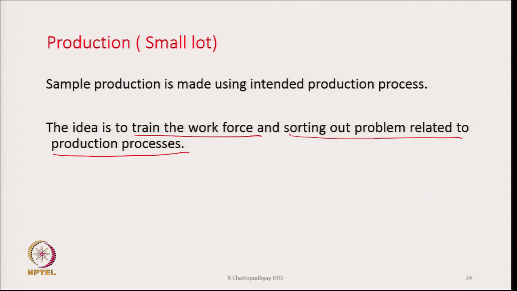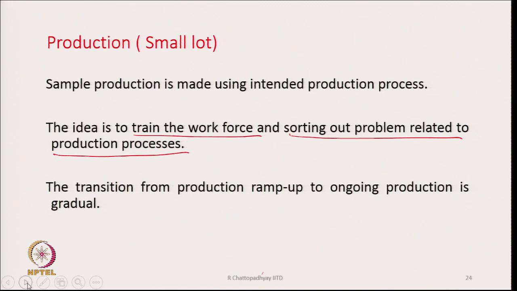The other thing is production or process related problems that may arise. Suppose we have changed the raw material, so there could be some process problem now, and therefore you need to fine tune the process again, and therefore we initially go for a small lot production.